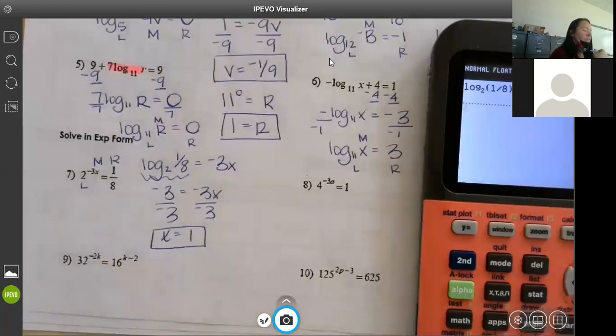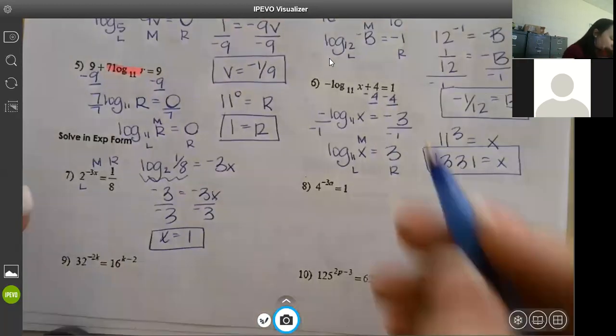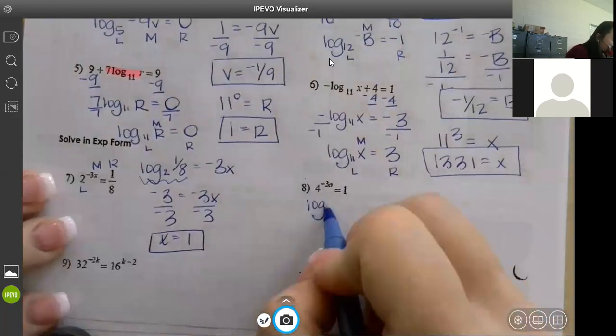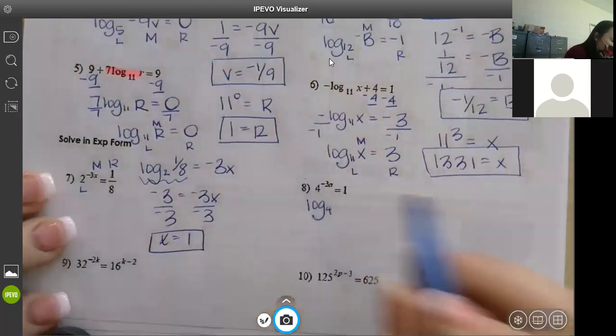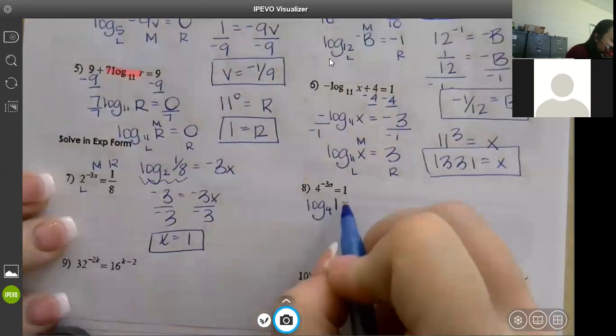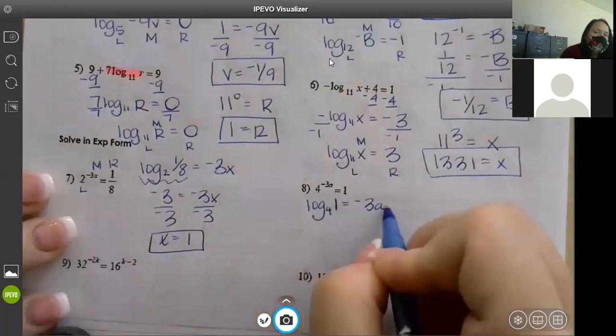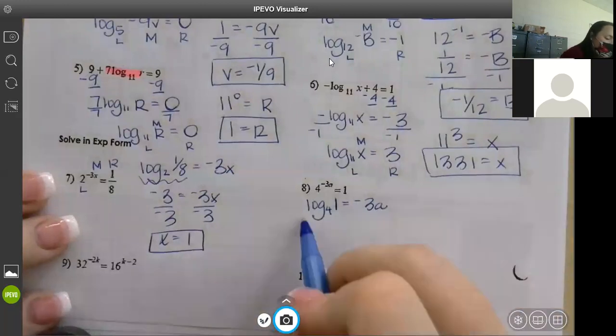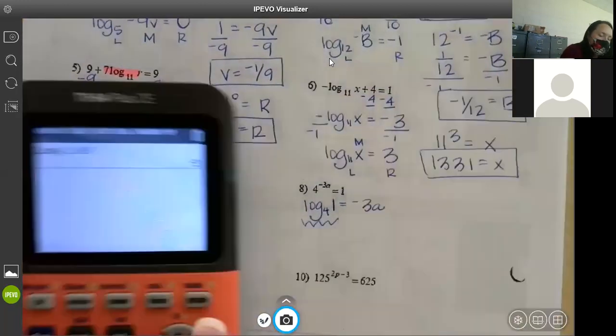Same thing on the next one. It's in exponential form. We're going to change it to log form. So we're going to do log. Your left is 4. It's going to become your base. Your right is 1. And it's going to be equal to -3a. Remember, we can put this into our calculator. Here so you can see it.